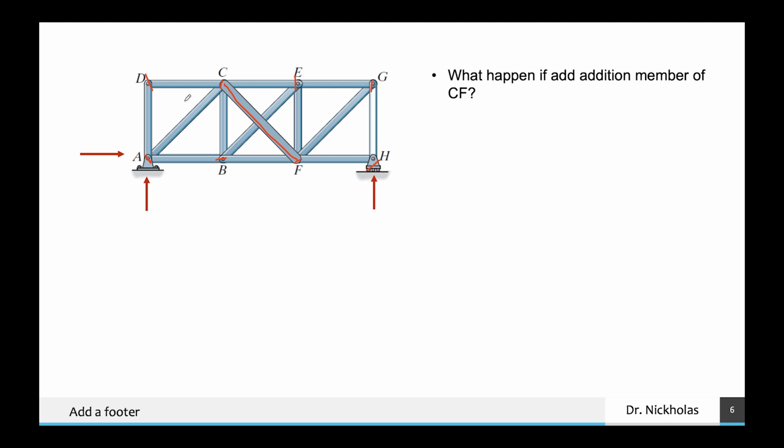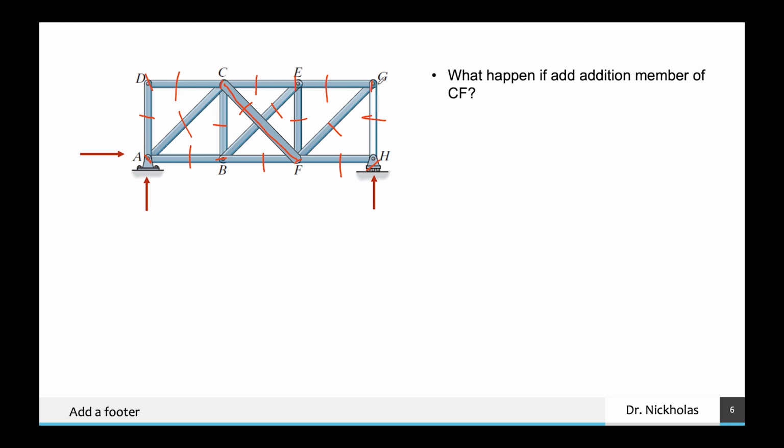However, the total number of members will increase because of the additional member. So we have 1, 2, 3, 4, 5, 6, 7, 8, 9, 10, 11, 12, 13 and 14.